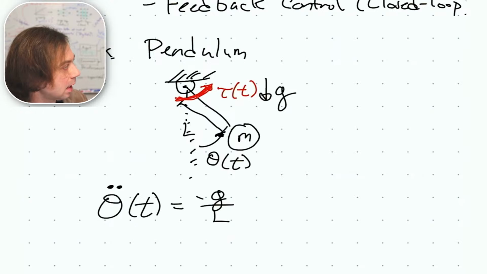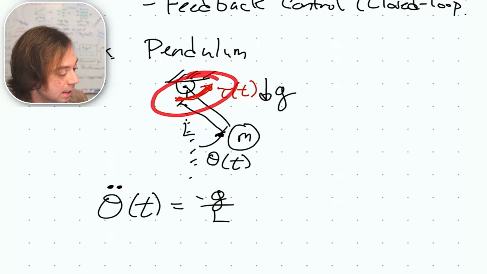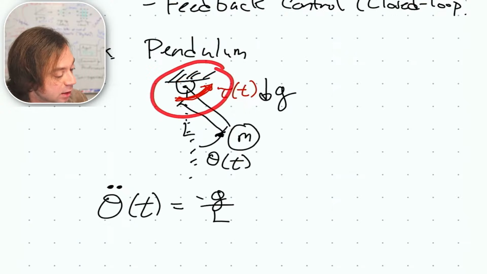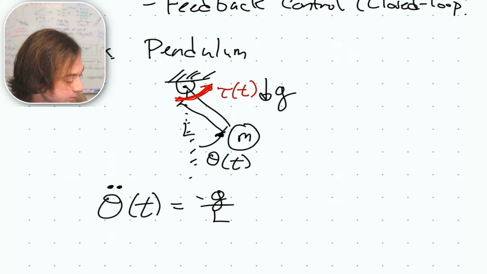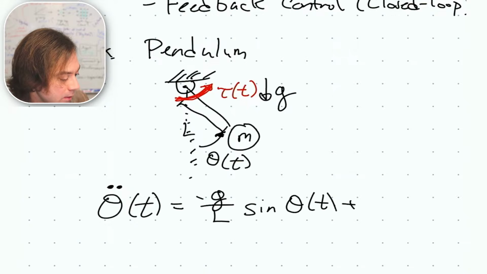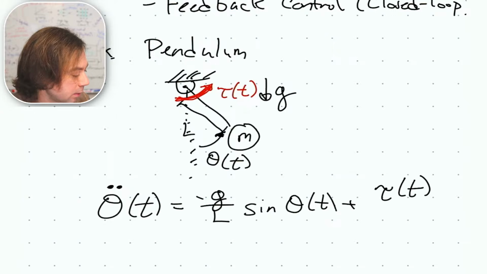But it's a very similar process here. We added an external torque. We would do our free body diagram, summing all the torques about this point here. And it will become minus g over L sine of theta of t plus tau of t, which is your torque.